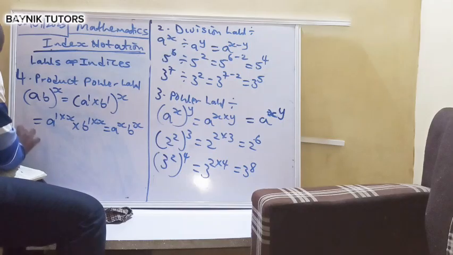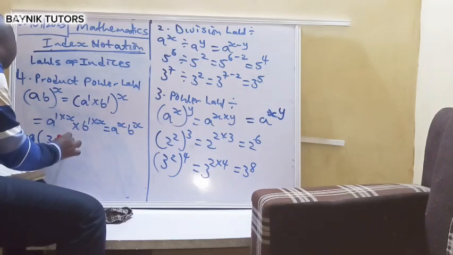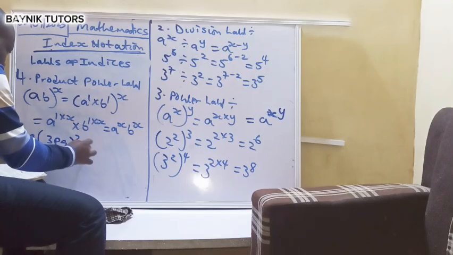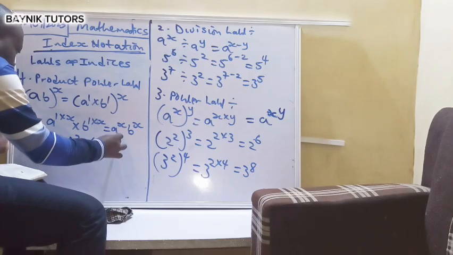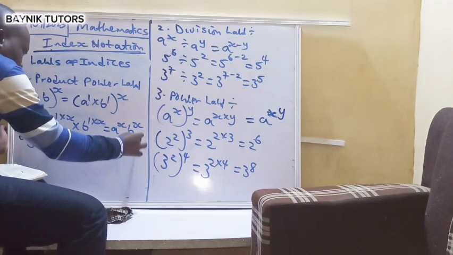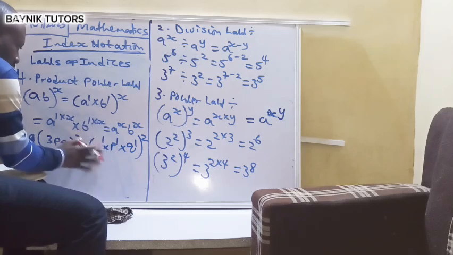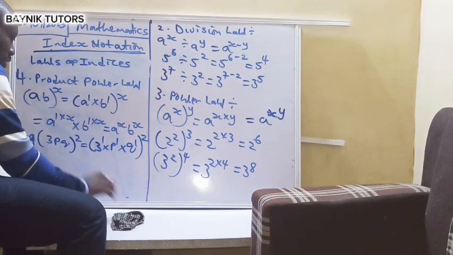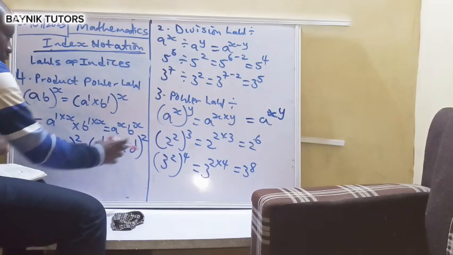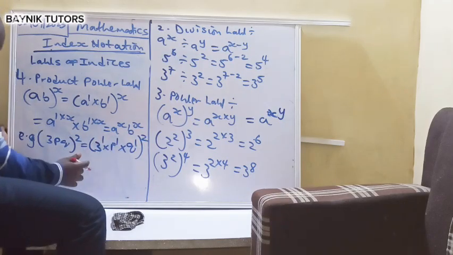For example, if we have 3pq raised to power 2, this will be 3 raised to power 1 times p raised to power 1 times q raised to power 1, and raised to power 2. The power 2 here will multiply all the powers on top of the bases. What I'm saying is that the 2 will multiply 1 here, 2 will multiply 1 here, and 2 will also multiply 1 here.